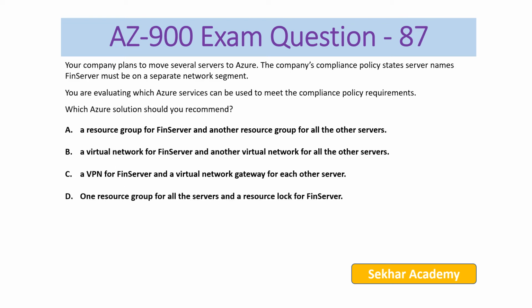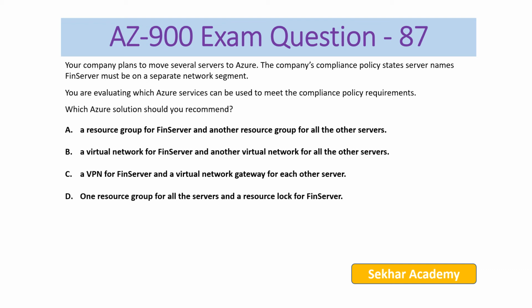AZ-900 exam question number 87. Your company plans to move several servers to Azure. The company's compliance policy states servers named FinServer must be on a separate network segment. You are evaluating which Azure services can be used to meet the compliance policy requirements. Which Azure solution should you recommend?